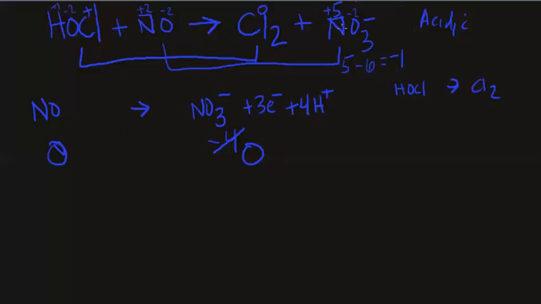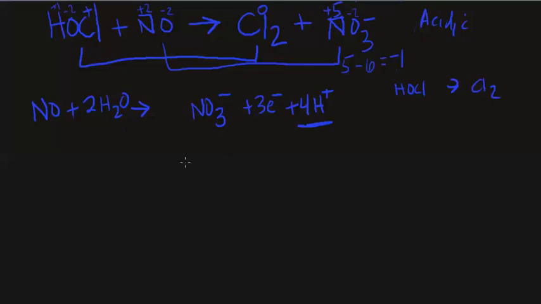I'm going to pause this and erase some things to clean this up. All right, so we balanced oxidation number, we balanced charges. The next thing we need to do is balance the hydrogens. We have 4 hydrogens on our product side, so we need to get 4 hydrogens on our reactant side. We're going to do that by adding 2 waters, because every water has 2 hydrogens.